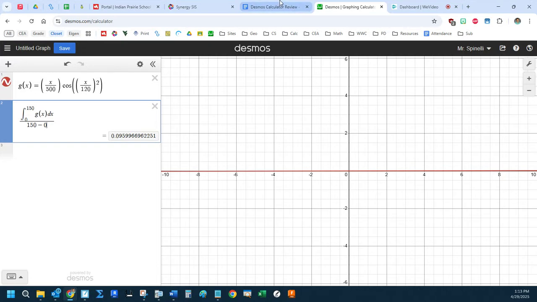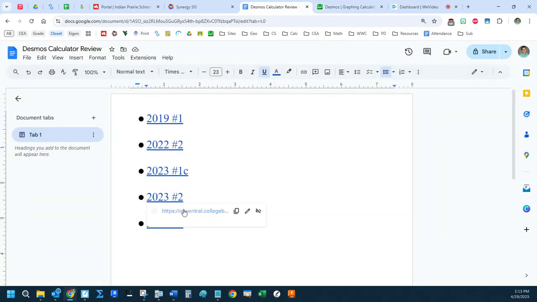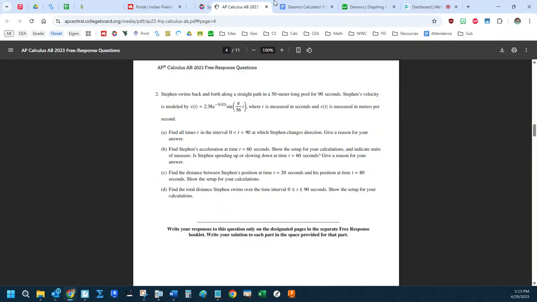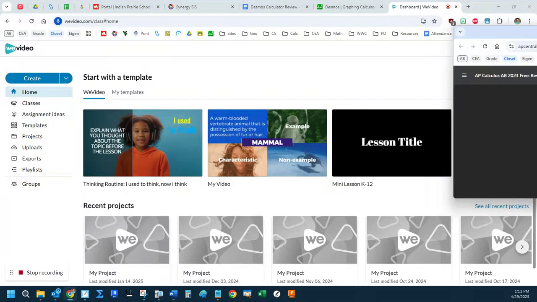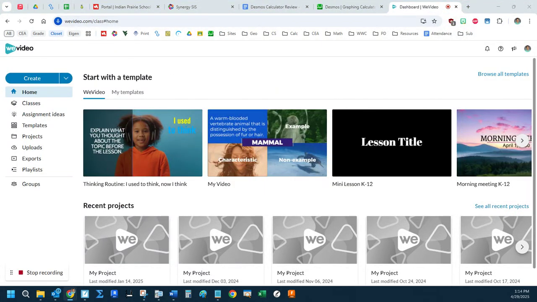All right, next one I wanted to look at was 2023 number 2. So let's take a look at 2023 number 2. I'll let you pull this one up. They've given me velocity, and it's asking me a series of questions.